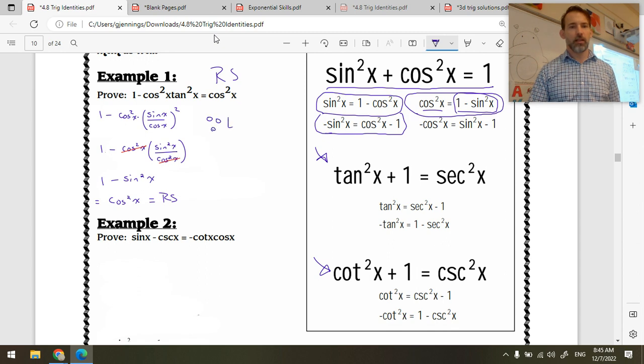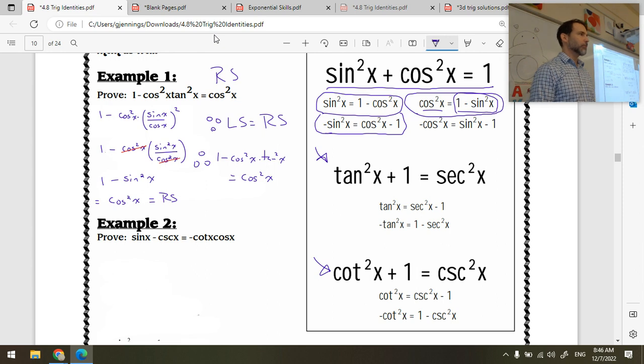Since left side equals right side, therefore 1 minus cosine squared x multiplied by tan squared x equals cosine squared x. Cool.